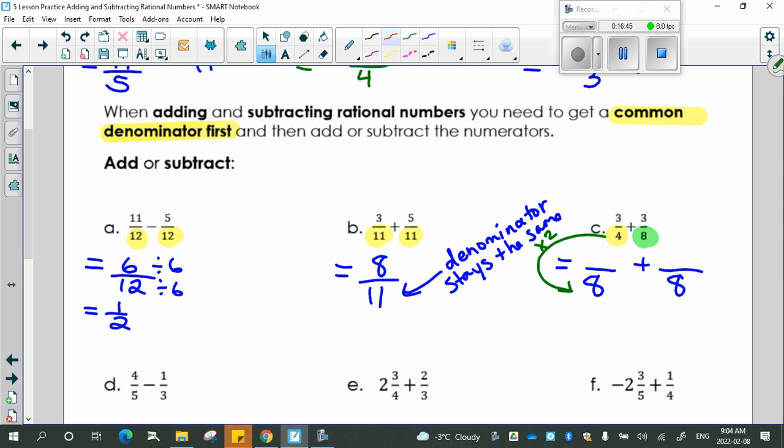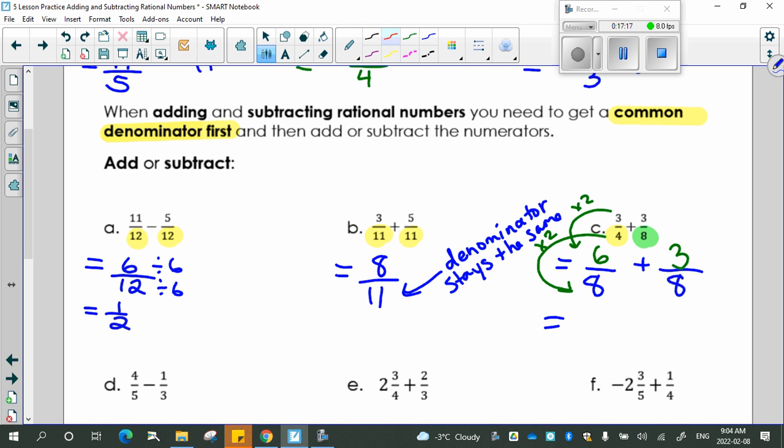And if I didn't know that, I'd do 8 divided by 4. So that means I have to multiply the top number by 2 as well, which gives me 6. Can everyone get a 6 there? So 3 times 2 is 6. Then I look at my second fraction. Did the denominator change? No, so the numerator doesn't change either. Now I've got 6 8s.